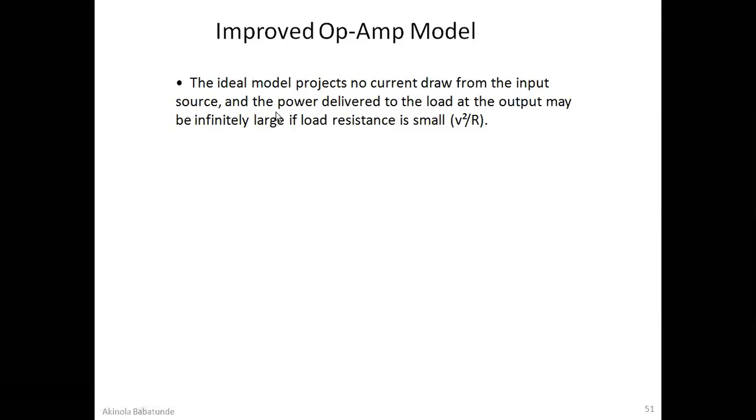So in an ideal model, it projects no current draw from the input source into the op amp. And the power delivered to the load at the output may be infinitely large if the load resistance is very small. These are the definitions we gave when we were talking about the ideal model.